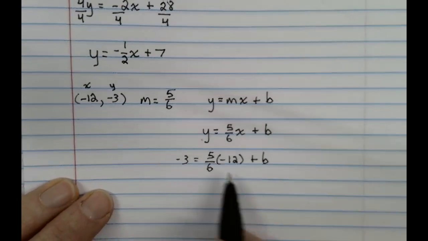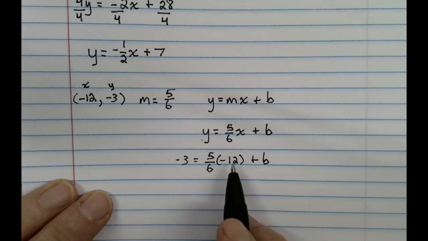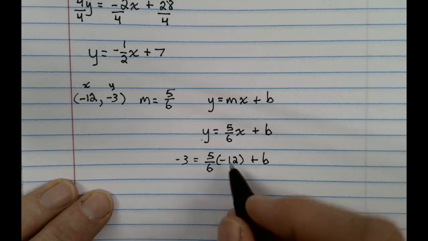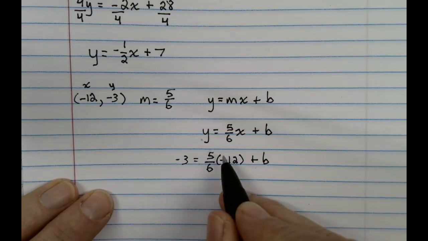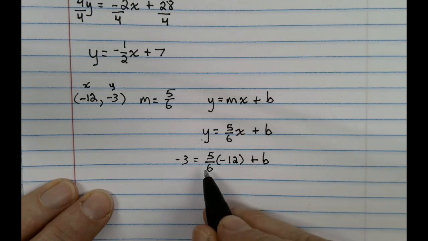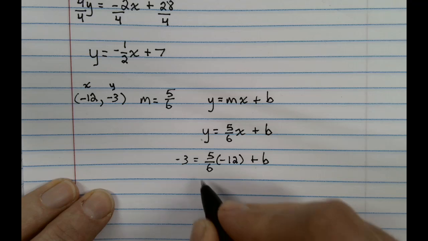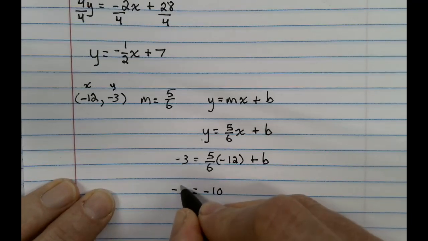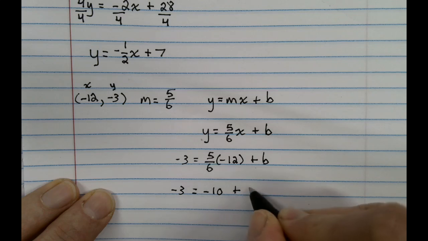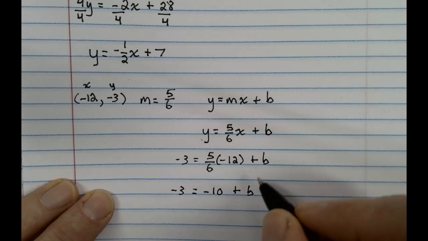algebra, right? So here again, this still trips some people up, but remember, when you're multiplying by negative 12, you can divide and then multiply. Negative 12 divided by 6 is negative 2, times 5 is negative 10. You can do it. Divide, multiply.